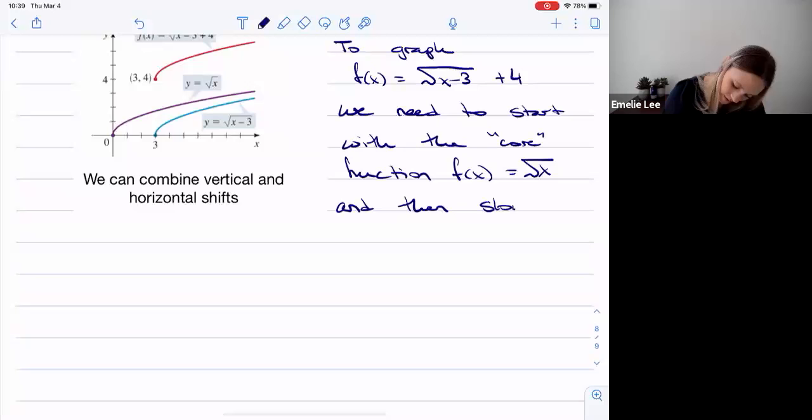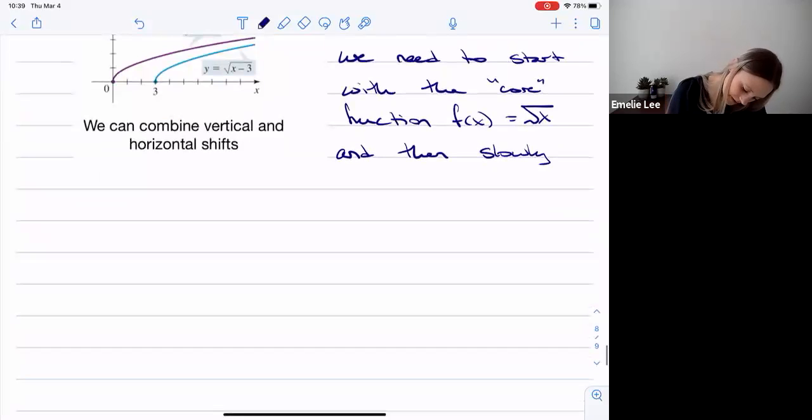And then slowly, I'll say in quotes, build up to the transformed function.